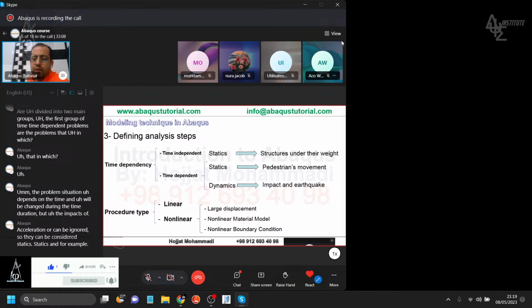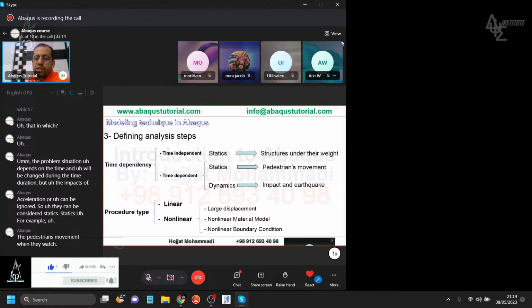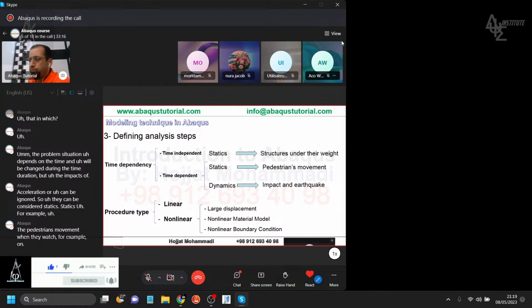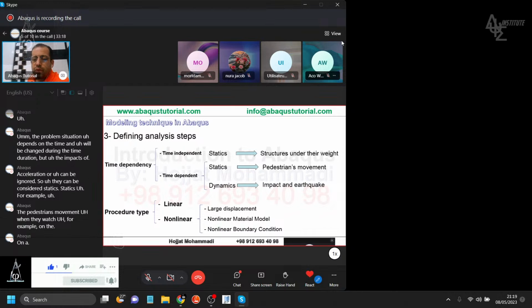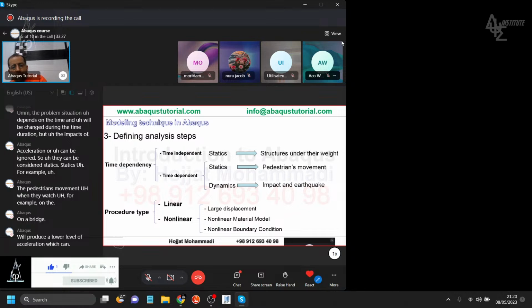For example, a pedestrian's movement when they walk on a bridge will produce a lower level of acceleration, which can be ignored.